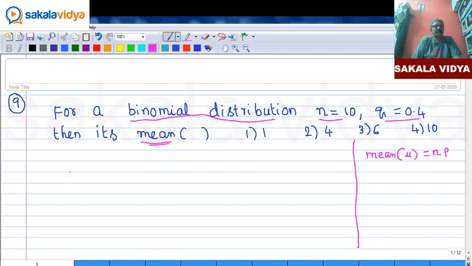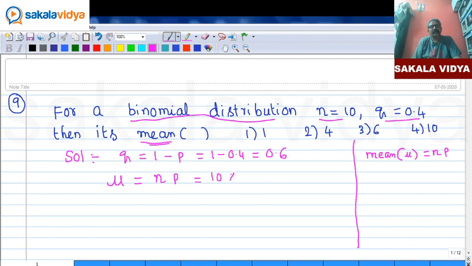We need to evaluate p first. So, p equals 1 minus q, which is 1 minus 0.4, that is 0.6. So, the mean can be evaluated, mu is equal to np. N stands for 10 multiplied by p, which is 0.6. This will be 6. So, third option.